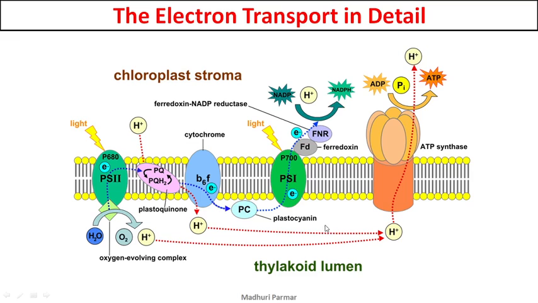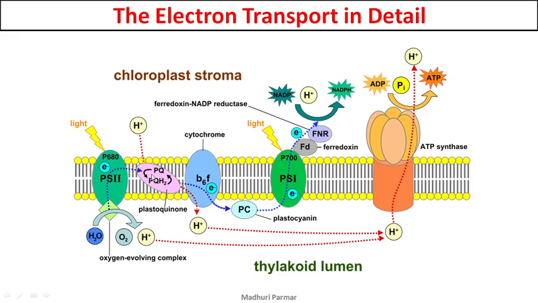So all of these processes are taking place in the lumen of the thylakoid. Remember, light reaction occurs in the membranous system of chloroplast, right? Fine. We started with PS2. There is light falling on it. So the electrons get excited, they are passed on. These electrons which are leaving PS2 are replaced by photolysis of water.